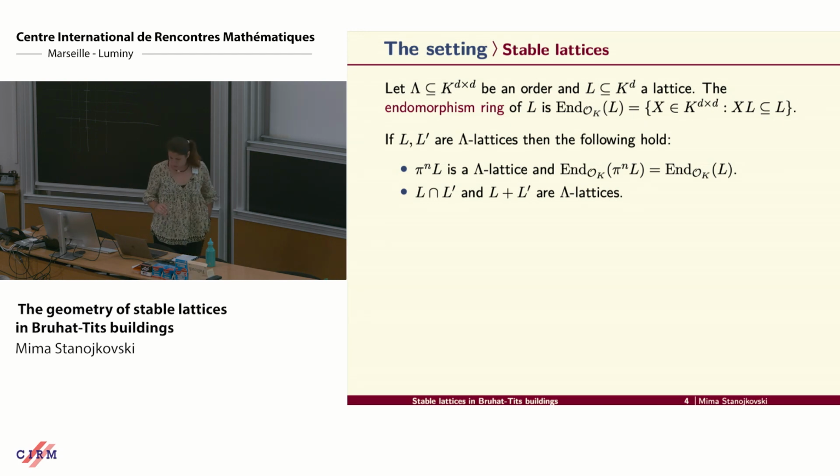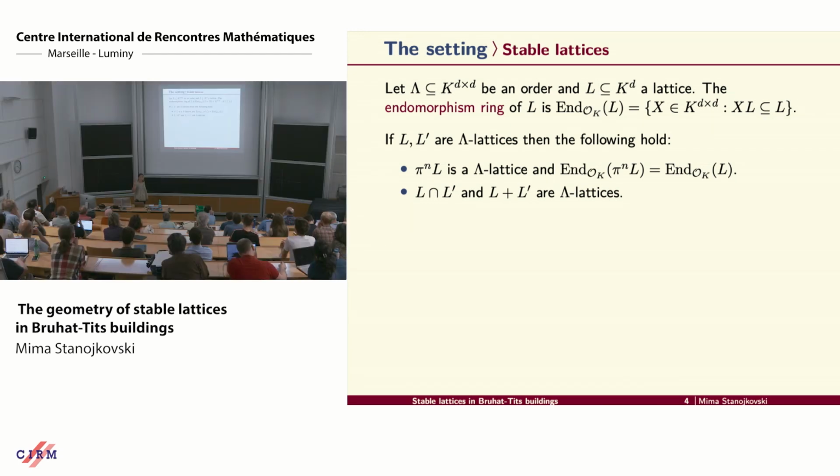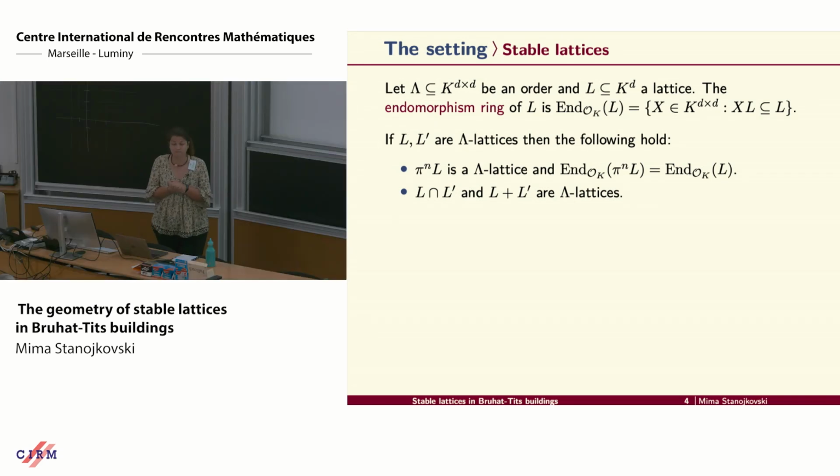And so if we take two Λ lattices, L and L', well, first of all, any homothetic lattice will also be a Λ lattice, so stable under Λ, as we saw before, and homothety preserves the endomorphism rings. Also, since these lattices are modules over Λ, then taking intersections and sums are also operations that preserve this property.